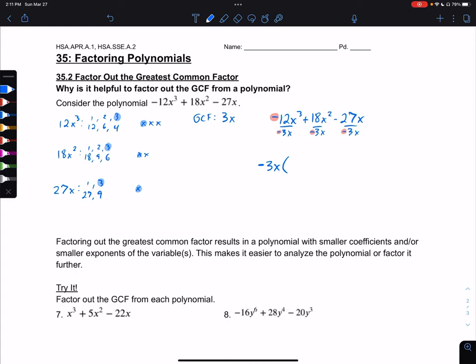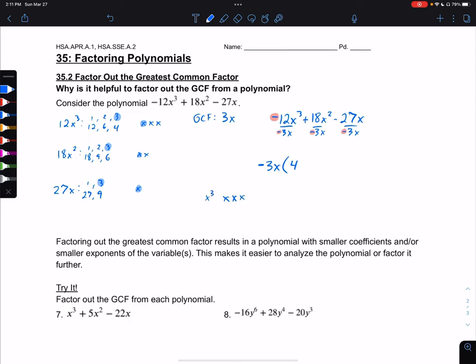So from here, you're going to divide each term. Negative 12 divided by negative 3, that would give me a 4. So this is the number that we're looking for to be positive. Okay, so we want this one to be positive. That's why we factored out that negative. And then x cubed divided by x.